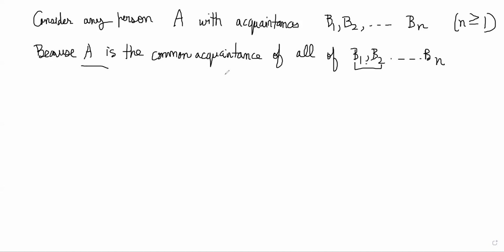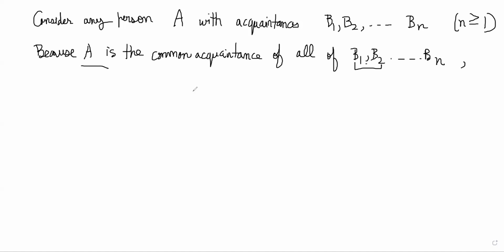Therefore, from the first condition, they cannot have an equal number of acquaintances, right? The first condition of the problem said that if two people have equal number of acquaintances, then they cannot have a common acquaintance. Here, all of these people, B1, B2, Bn, have a common acquaintance A, so they cannot have equal number of acquaintances in total, right?